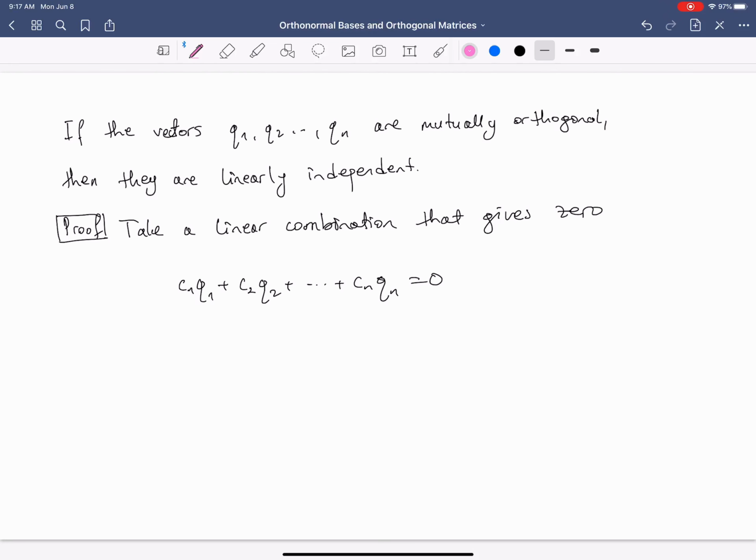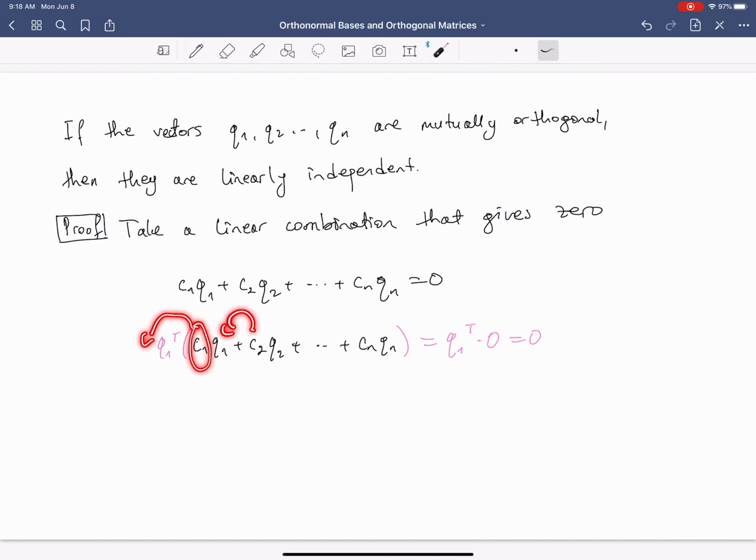So I will have q1 transpose times this entire linear combination, which is also a vector, equals q1 transpose times 0, which is 0. Now, as I distribute this multiplication, I can always factor c1 out, c2 out, and so on, because these are just numbers.